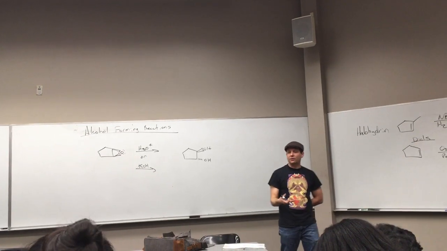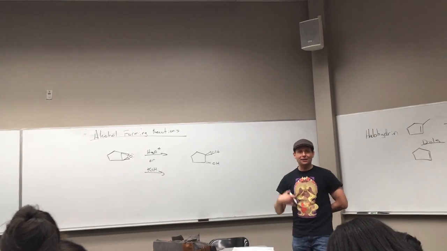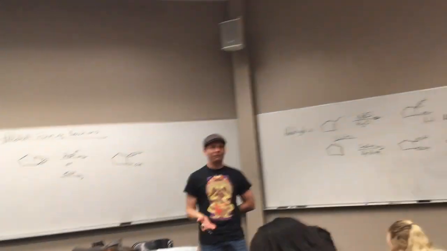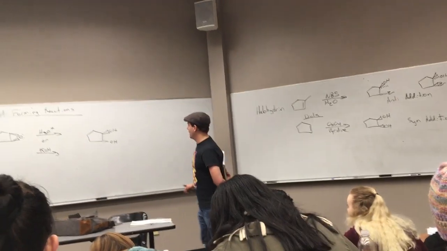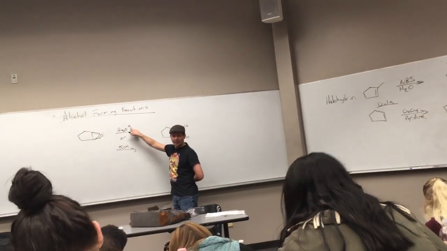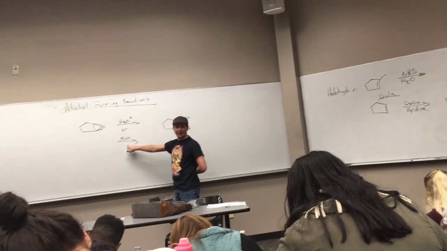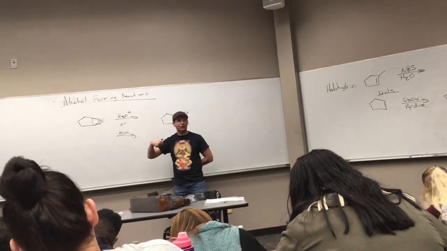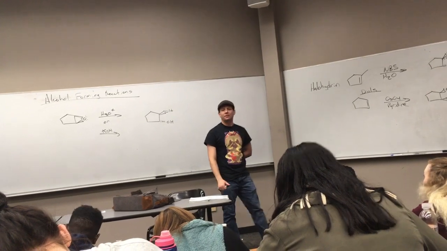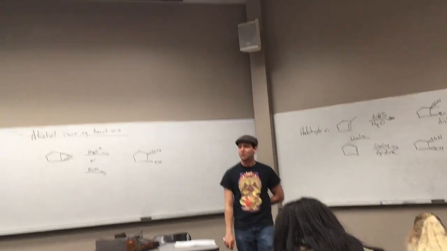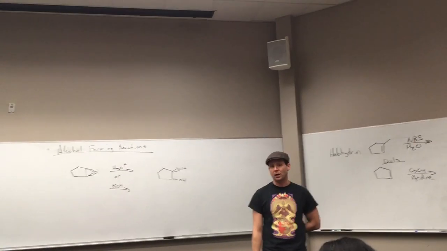You get a transdiol because the epoxide, like a brominium ion, blocks one face of the molecule. Therefore, the incoming water in the acid or the incoming hydroxide under the basic conditions attacks from the opposite face of the epoxide, leading to a product that has those alcohols trans to each other.